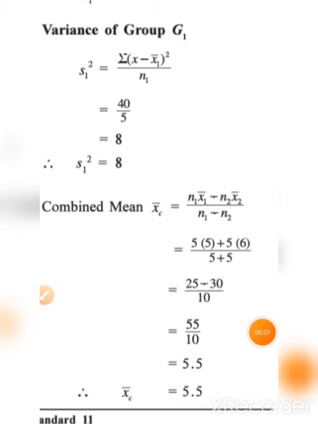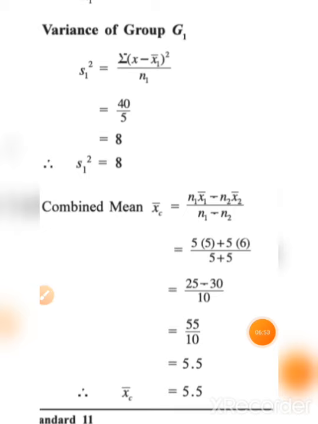So all the values we have found, the mean for both the groups separately. Those means you are going to write over here. We know the number of observations are equal for both the groups, that is 5. That also you will write over here. Now use BODMAS and just solve it out, right? So over here in the numerator you would find the value is 55 upon 10, right? It will give you 5.5.